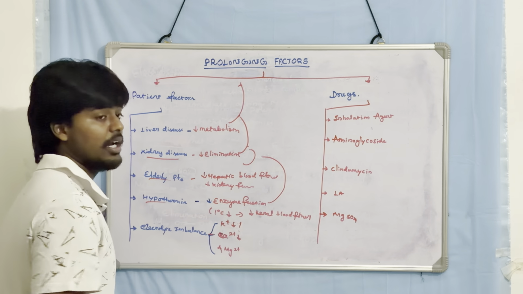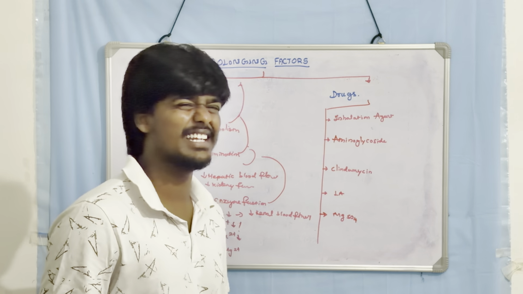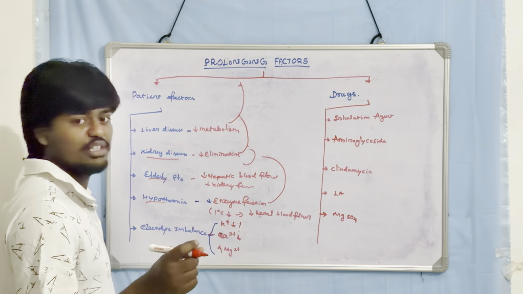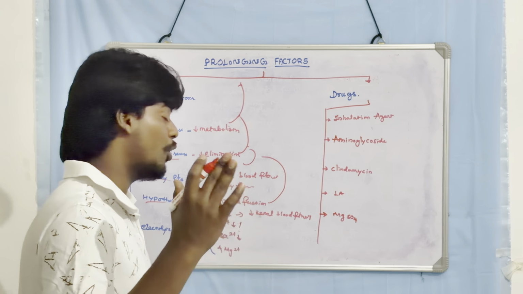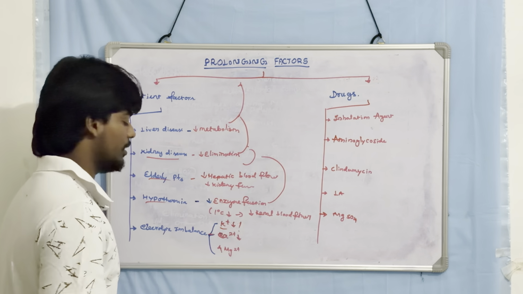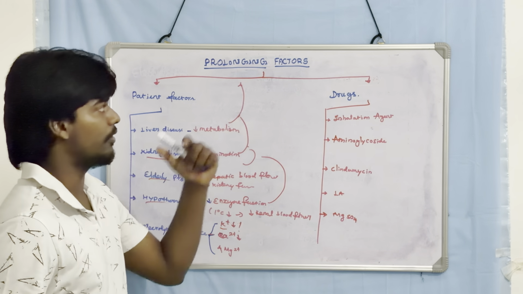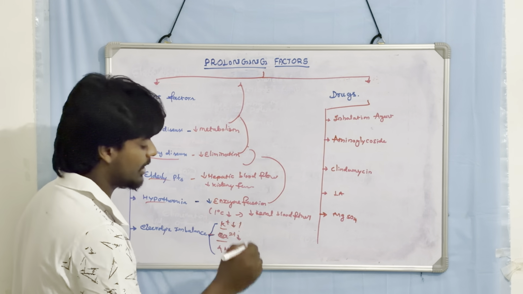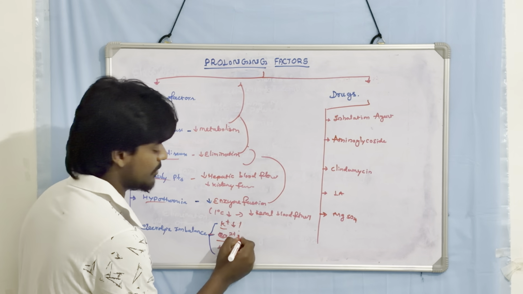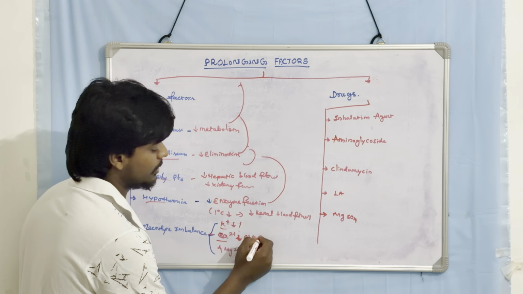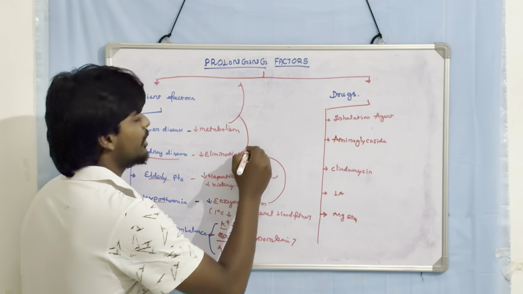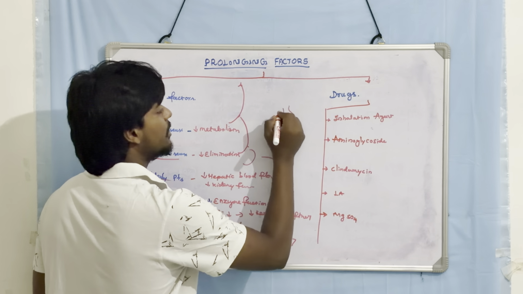In hypokalemia, the muscle membrane is less excitable. Even a small stimulus makes a prolonged action. So during hypokalemia, it prolongs the action of the Vecuronium. And decreased calcium is hypocalcemia. We want to know the physiology.